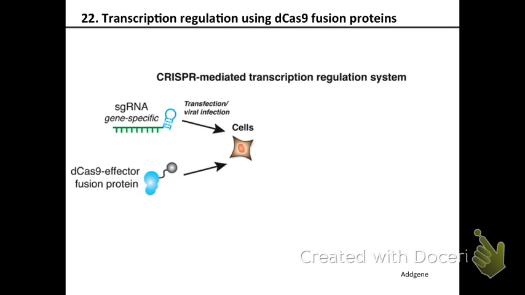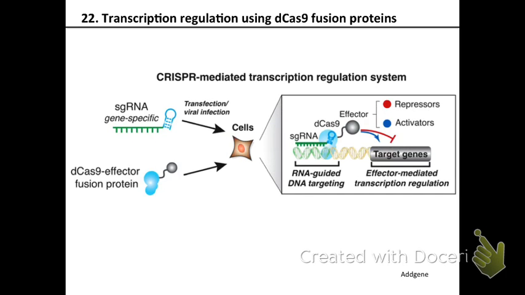And the way that you can do this is you can transform the construct that is encoding for this dCas9 fused to your protein of interest and a construct encoding for this sgRNA, transfect these into cells, and the cells will express this.